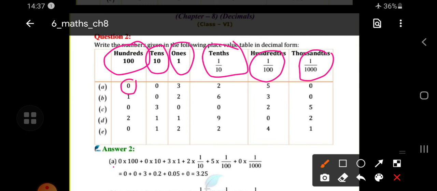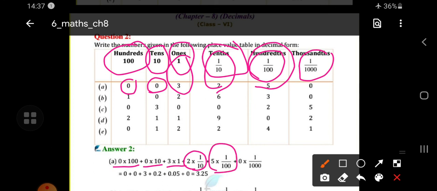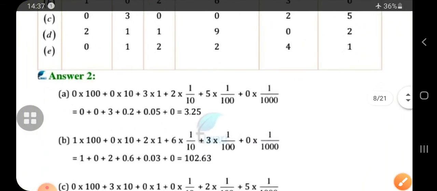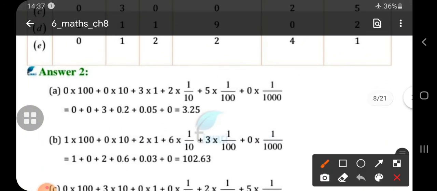First 0, it means 0 into 100, plus 0, it means 0 into 10, plus 3 into 1, plus 2 into 1 by 10, plus 5 into 1 upon 100, plus 0 into 1 upon 1000. Okay, so this is clear how it is formed. 0 into 100, 0. 0 into 10, 0. 3 into 1, 3.